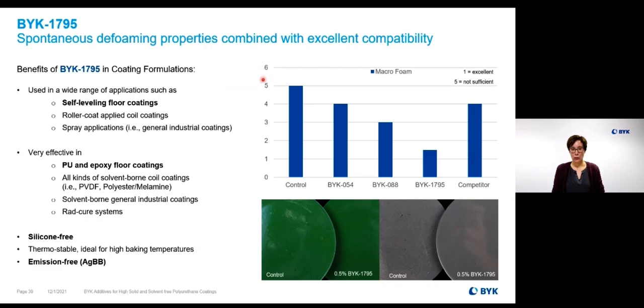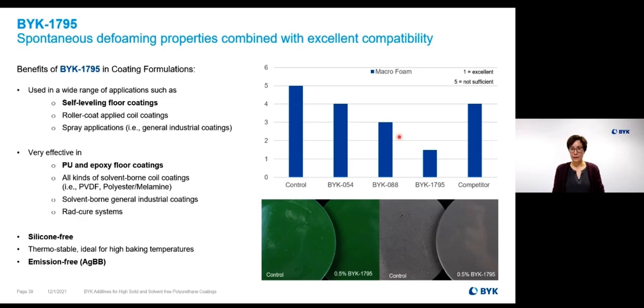And here you can also see on this slide the foaming tendency or defoaming tendency. The higher the column, the more foam was included into the coating after application. In that case, it was macrofoam. Without defoamer, we have a lot of macrofoam. Using a polymeric one like Book 054, it was already less.